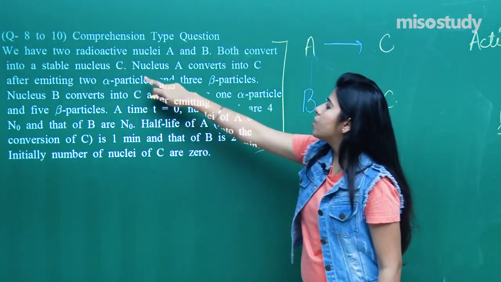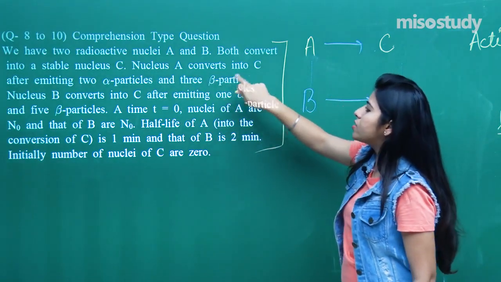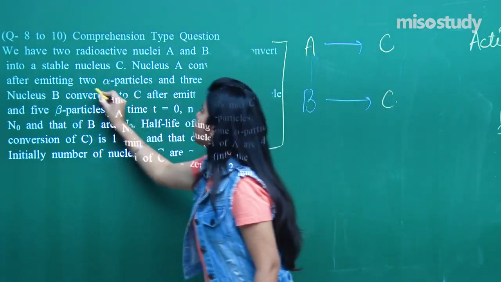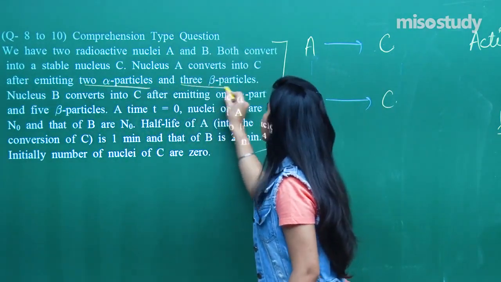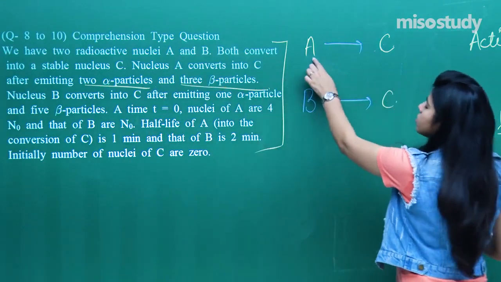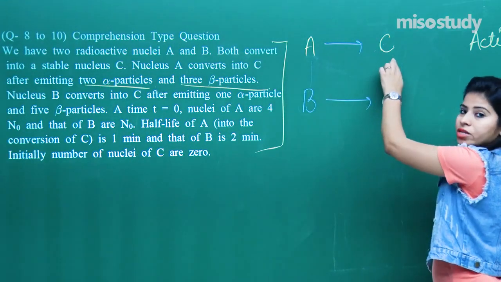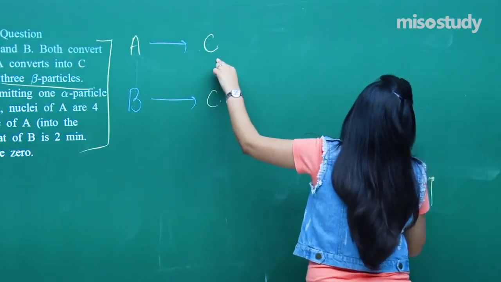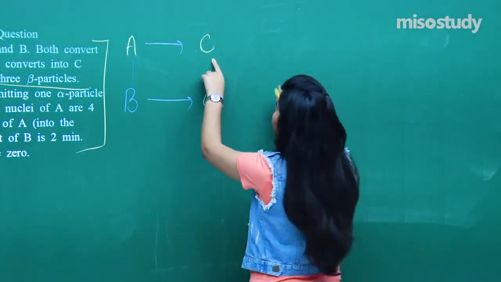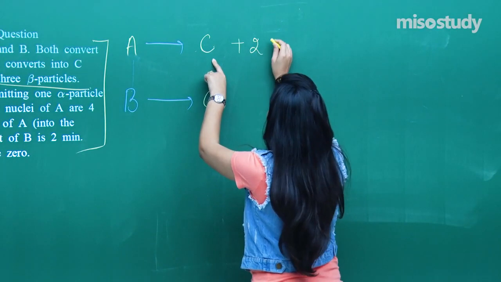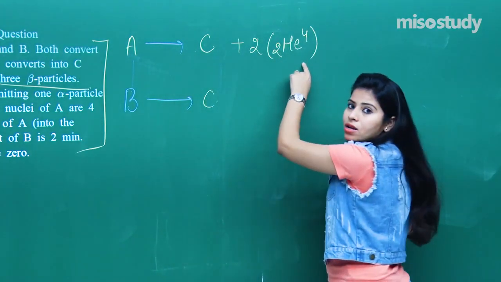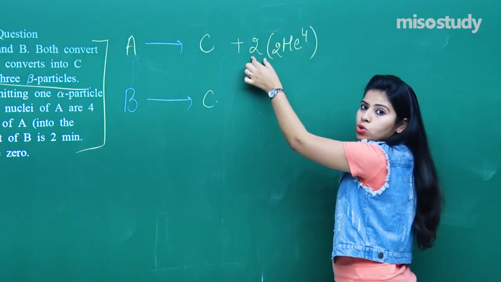Now what next? Nucleus A converts into C after emitting 2 alpha particles and 3 beta particles. That means if nucleus A is being converted into C, what will happen? 2 alpha particles will be coming out. This is the alpha particle and the number of particles is 2.